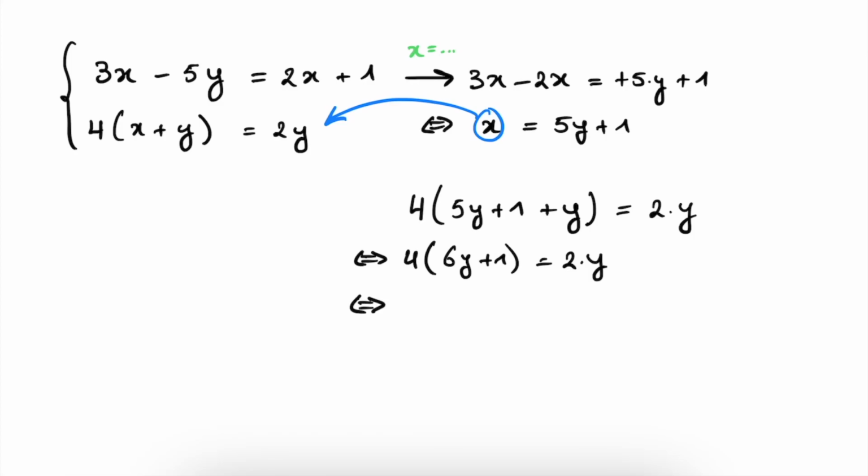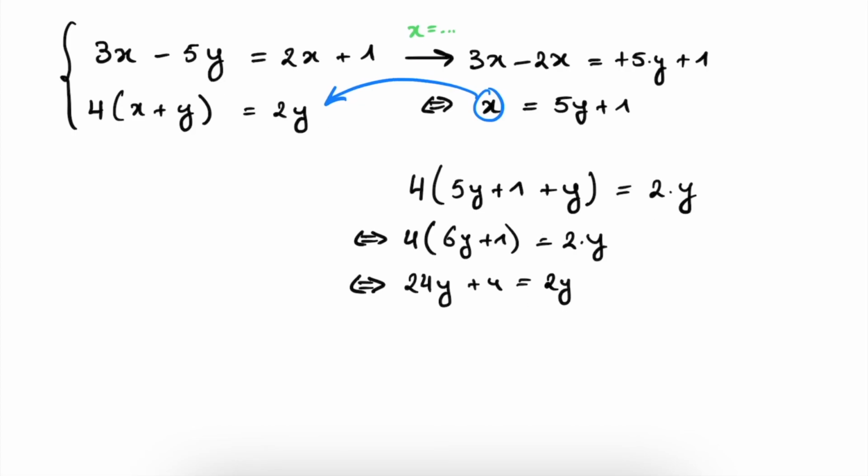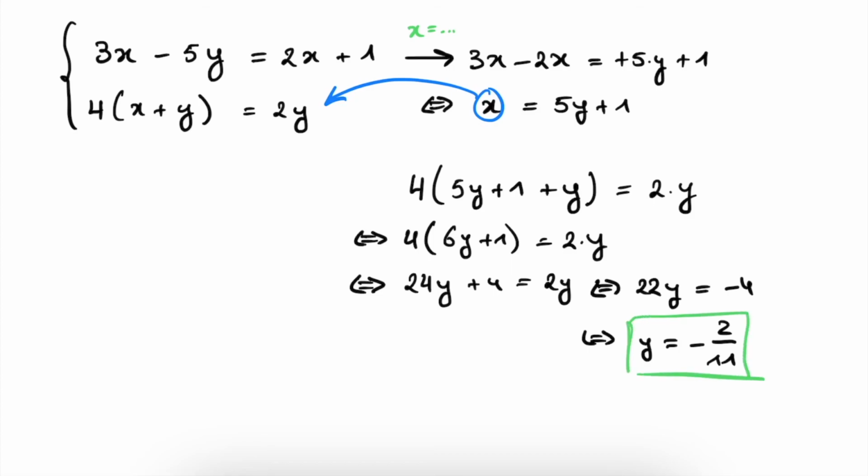Or, written differently, we have 24y plus 4 is equal to 2y. Rewriting this, we get 22 times y is equal to minus 4. Or, written differently, y is equal to minus 2 over 11.